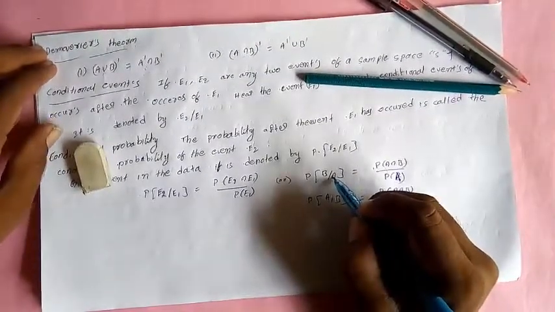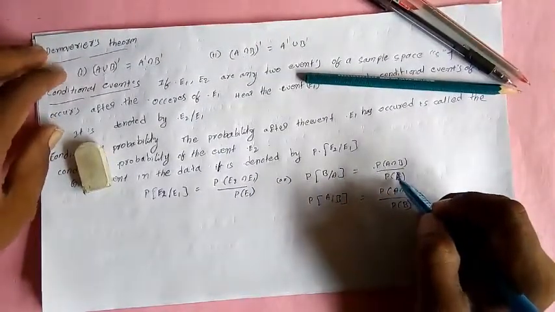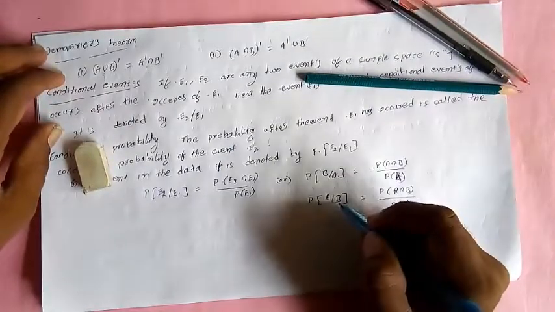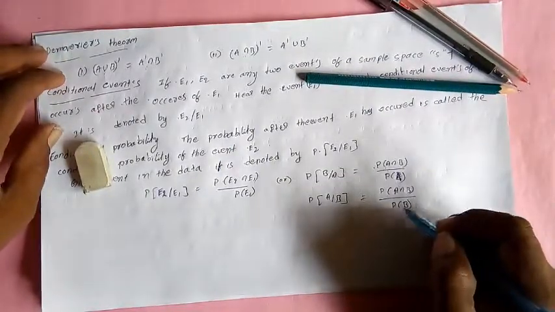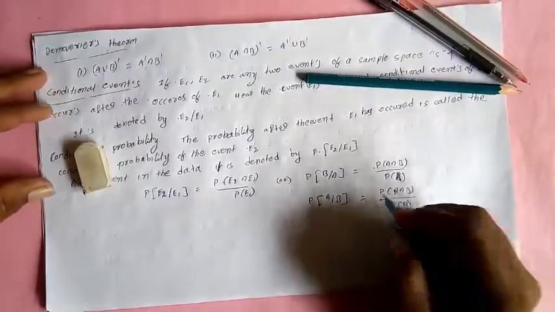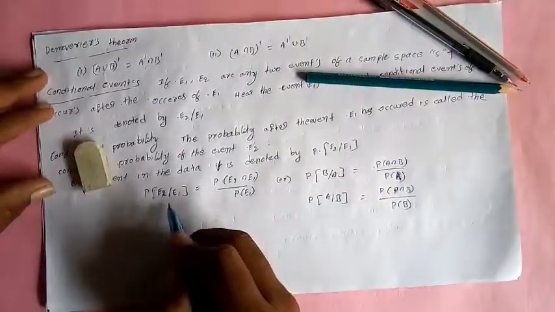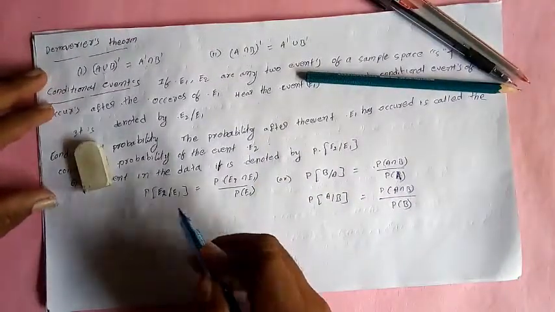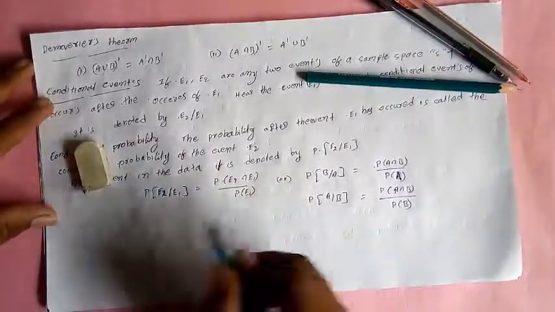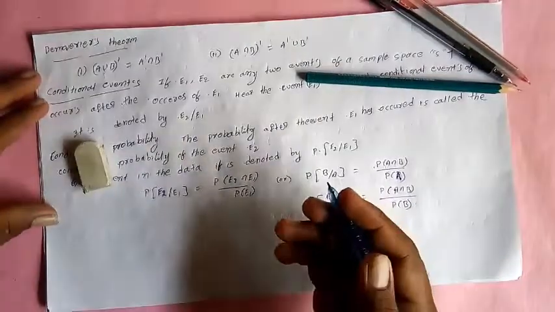If A is on the downside, then we write P of A. If B is on the downside, then we write P of B on the downside. These are the formulas, and whether E2 is the bigger value or E1 is the smaller value will be given in the problems.